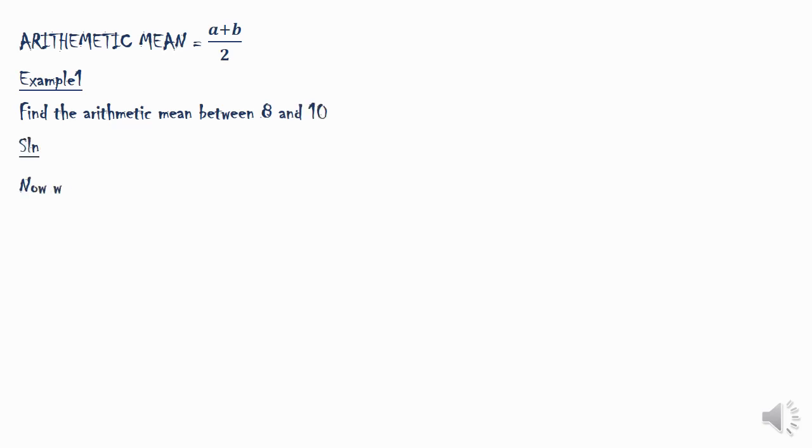Solution. Now we know that arithmetic mean is a plus b over 2. Therefore it will be 8 plus 10 over 2, which is 18 over 2, equal to 9.